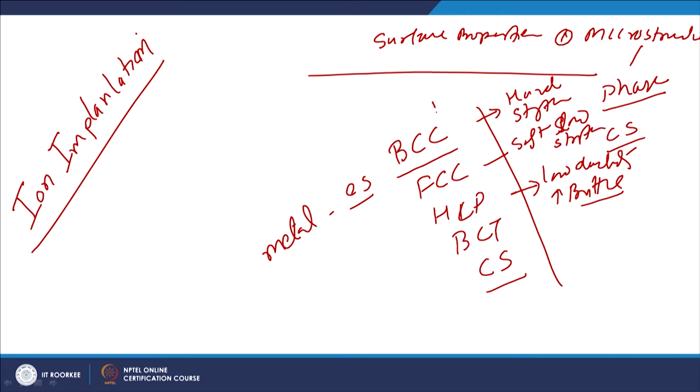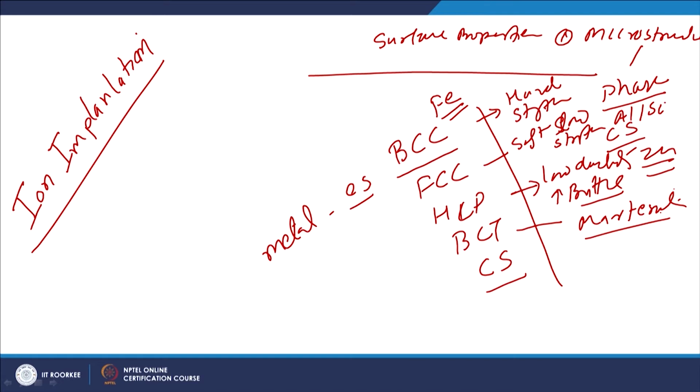Iron has the BCC crystal structure, aluminum and silver have the FCC structure, and zinc has the HCP structure. The BCT, body-centered tetragonal structure, is found in martensite, a typical phase found in steels.